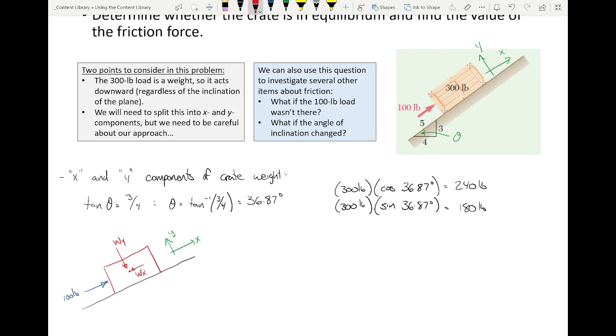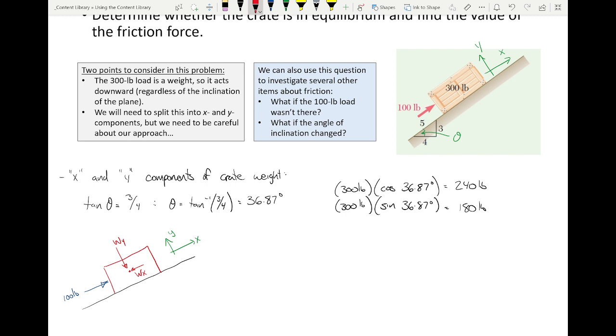I propose that Wx is the 180 and Wy is the 240. And we're sort of flipping the script here. We're saying that the x component is associated with the sine, the y component is associated with the cosine. Why? Because we're basically talking about perpendicular planes.